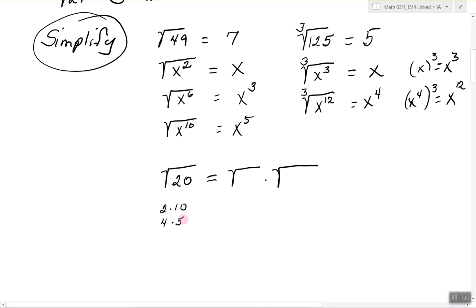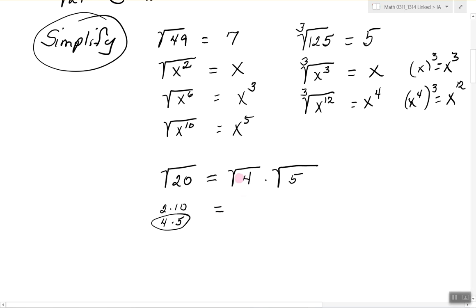And so it's very helpful to think about your multiplication facts. You choose the factorization that has as one of its factors a perfect square. Put the perfect square in the first radical, put the non-perfect square, sometimes I call the leftover, in the second radical, and now simplify what you can.